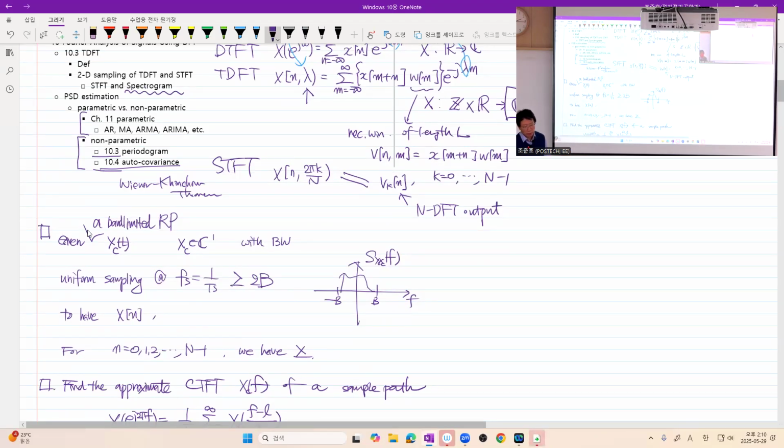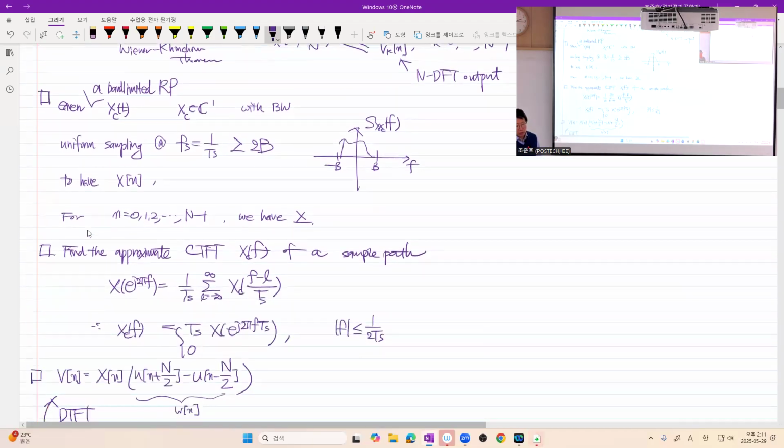the power spectrum. And while we were studying this one, I talked to you about how to estimate the continuous time random process's power spectral density by using what we learned in this course. But at that time, I didn't carefully detail all the coefficients you need.